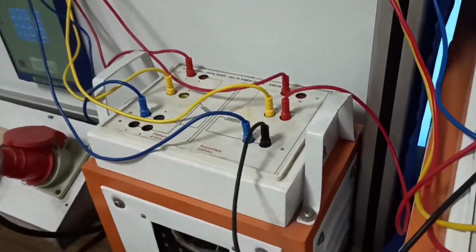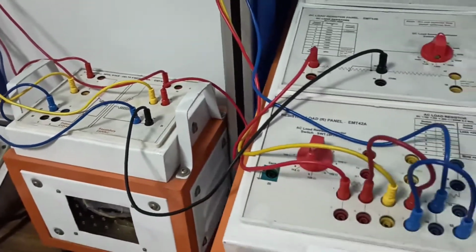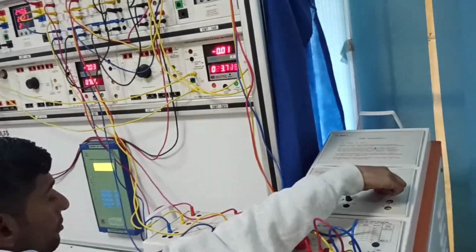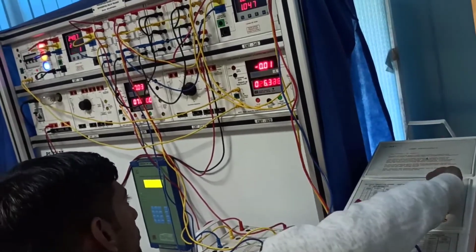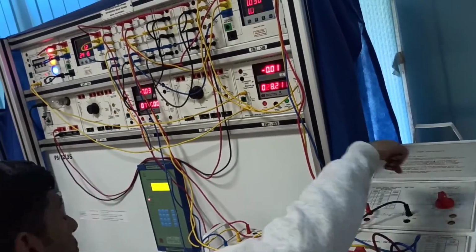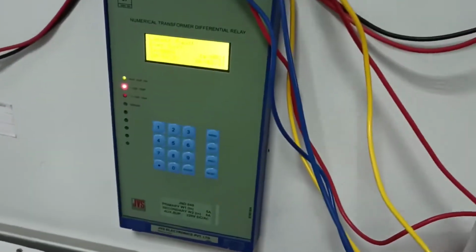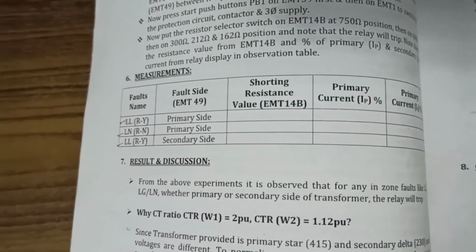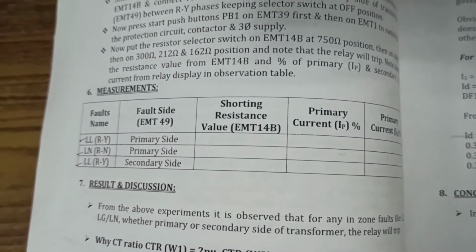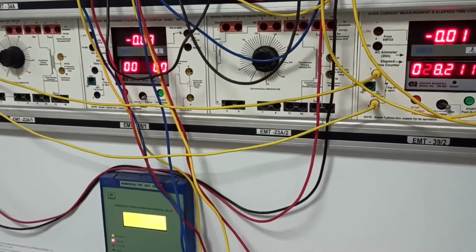Yeah, we are creating a line to line fault between the two lines. So we will increase the resistance. So now the relay has tripped. You can see the relay has operated, and it is operating at 162E, so it's 162 ohms. So at different resistance values you can calculate the values from the table for the different faults. Okay, so this is your experiment number 6.